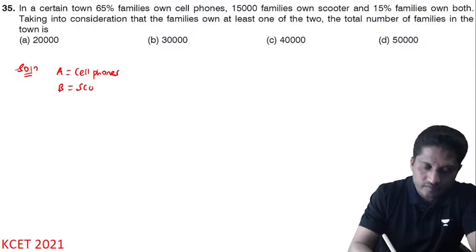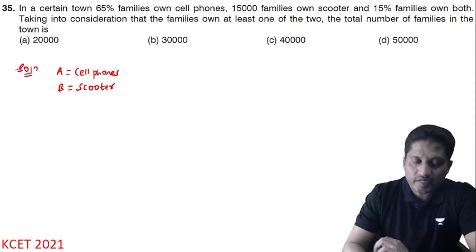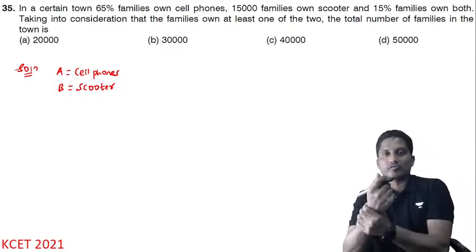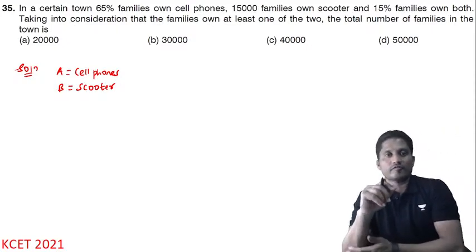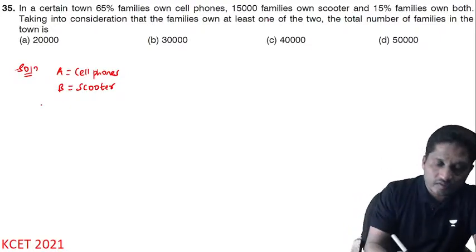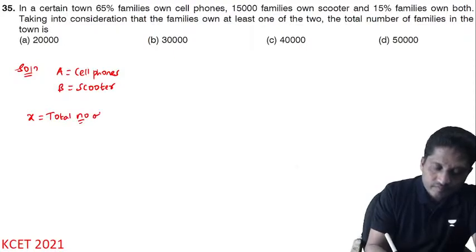So this is scooter. Taking into consideration that families own at least one of the two, the total number of families in the town. I take X is equal to total number of families.